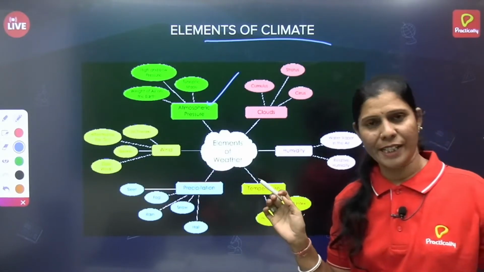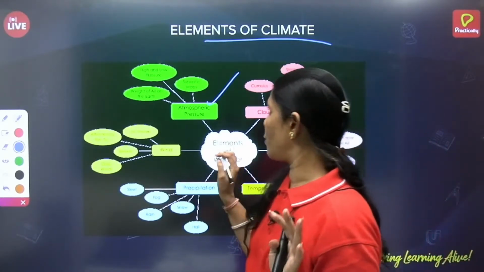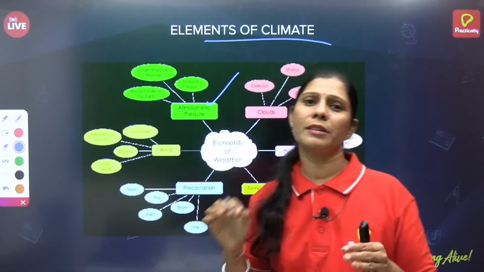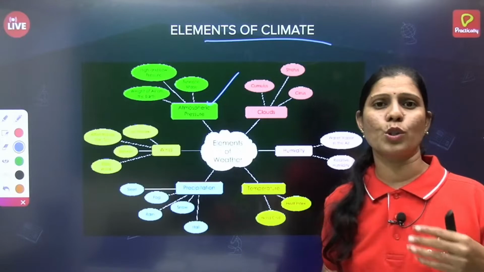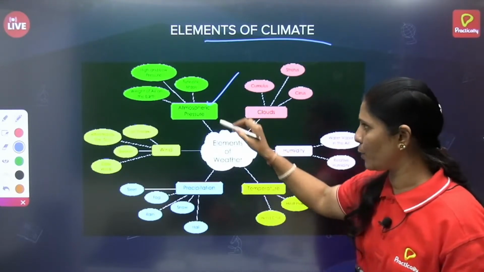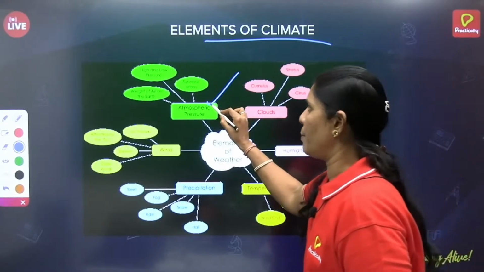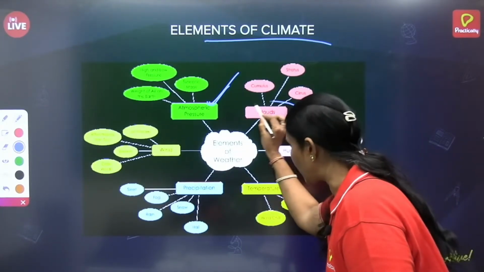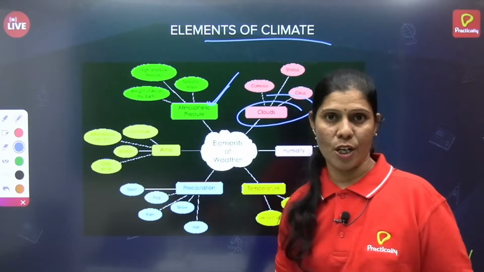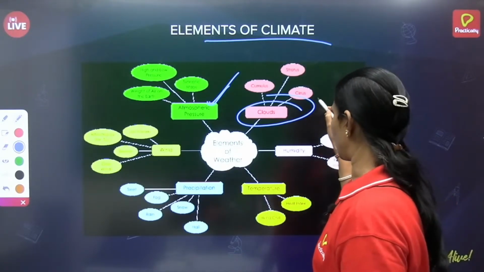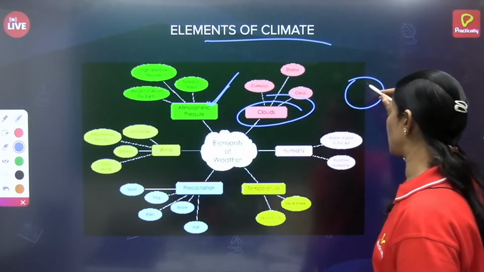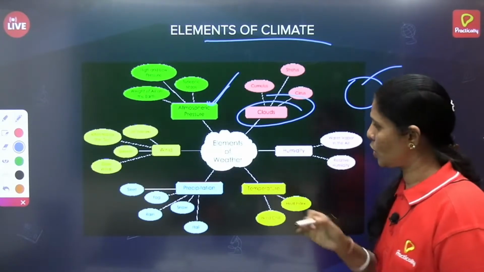In our surroundings, we find different types of air pressure, and due to that air pressure the climate goes on changing. Clouds also will change a place's climate. What the weather of a particular place is depends on clouds also.